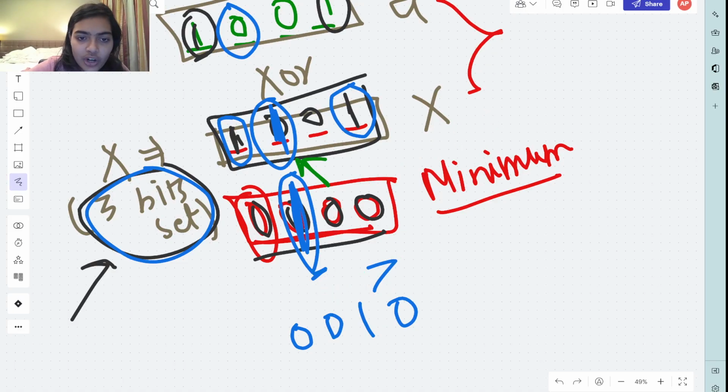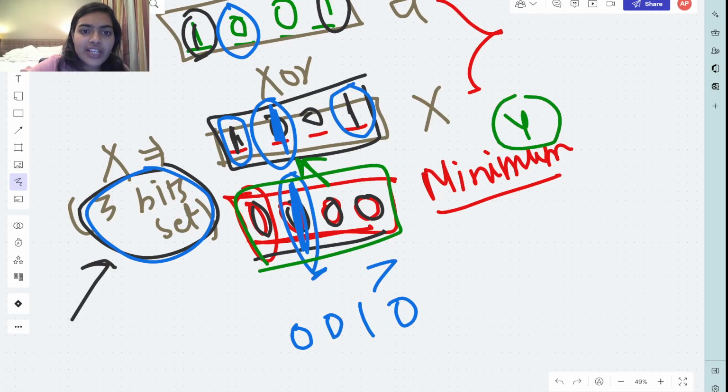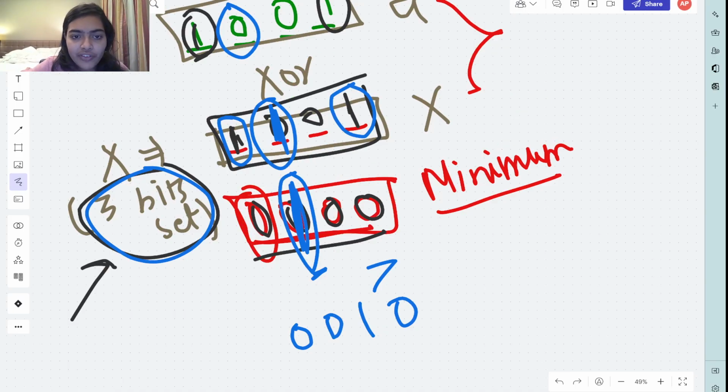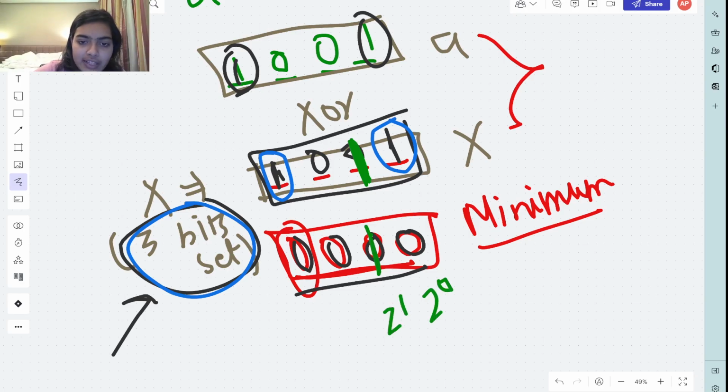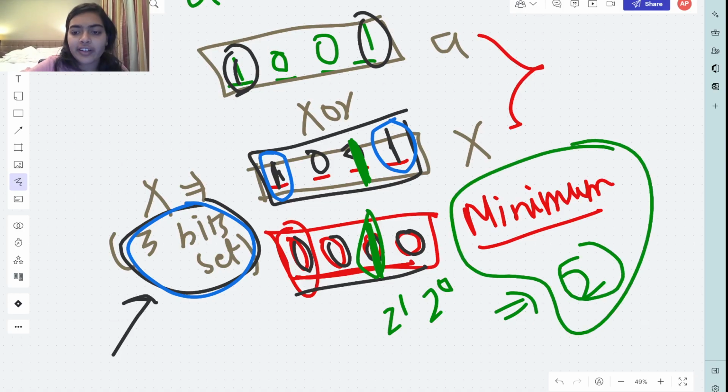The answer of this XOR value is 4 if I set the extra bit here. But if I set the extra bit here instead, my answer is just 2, right? The XOR value which I am finally returning is 2. 2 is minimum. So when I have remaining leftover bits after setting all the bits same as A, in that case what am I going to do?